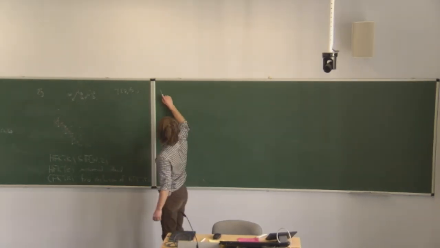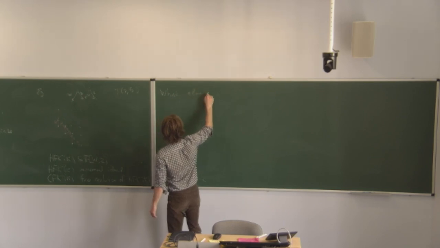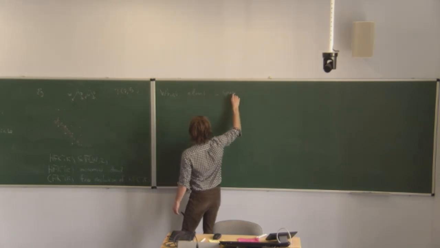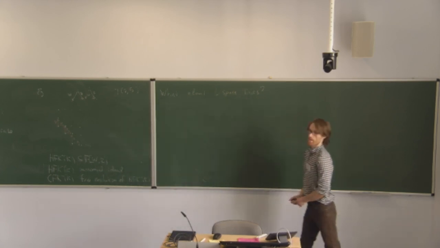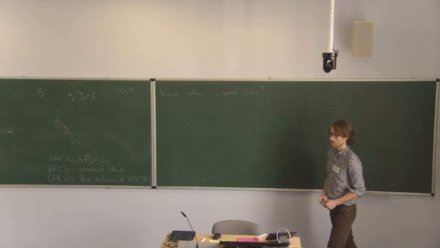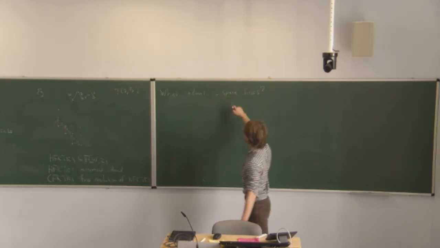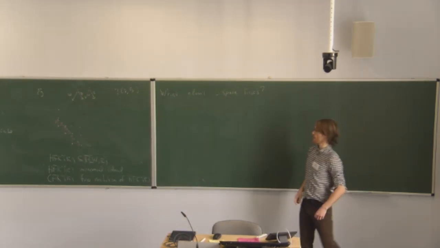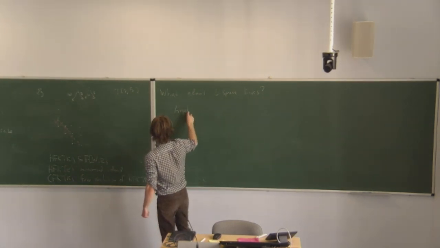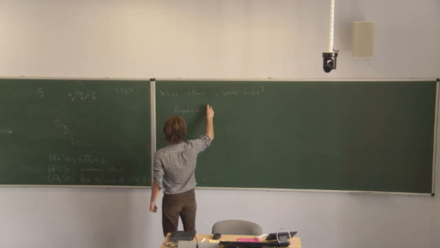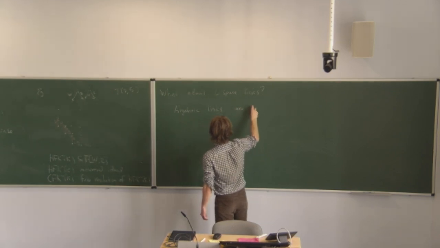And now the point of the talk is, what about L-space links? Now, why would you care about L-space links? Well, this turns out to be a very important family of links. For example, all algebraic links in S3 are L-space links.